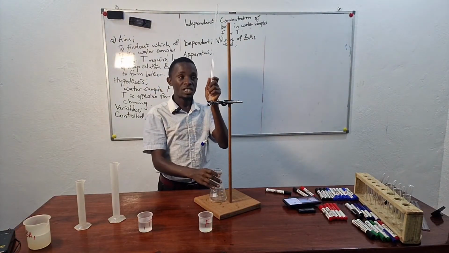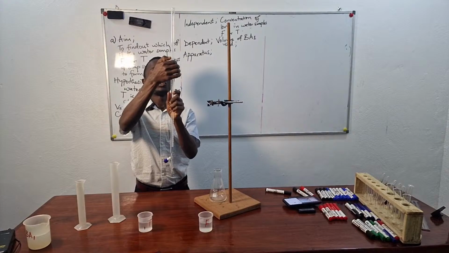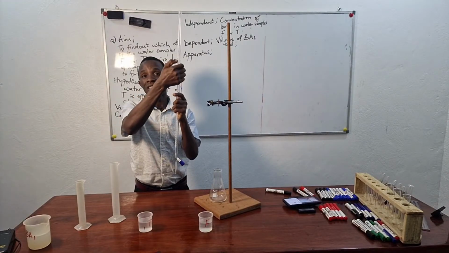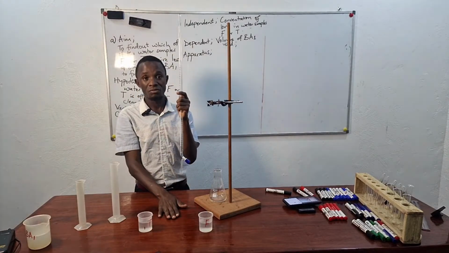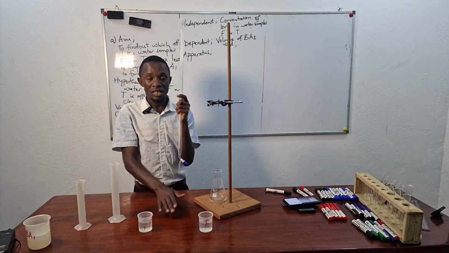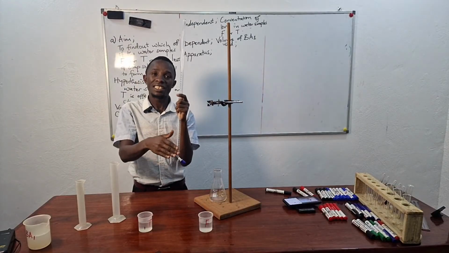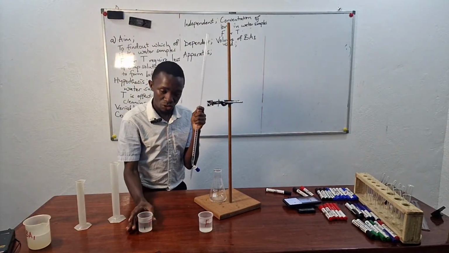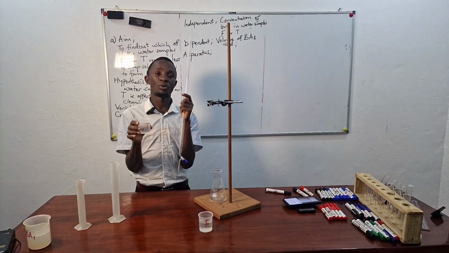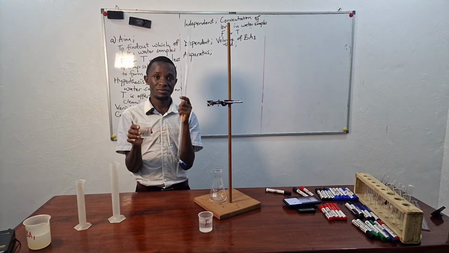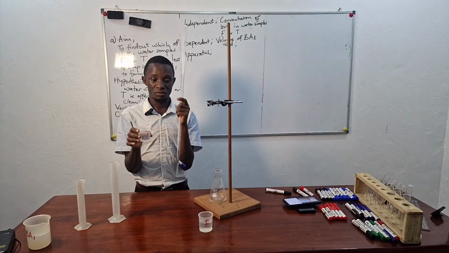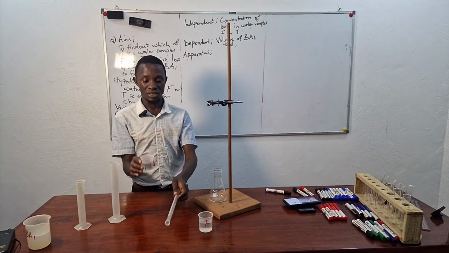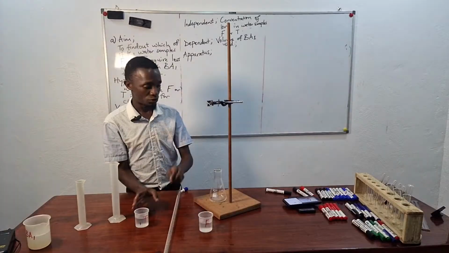I will take the new burette readings and record them as my final burette reading. Then repeat the same procedures until I get consistent results for a particular water sample. I think we are following. We are going to do it practically. You are going to see it coming out. So those are the procedures.